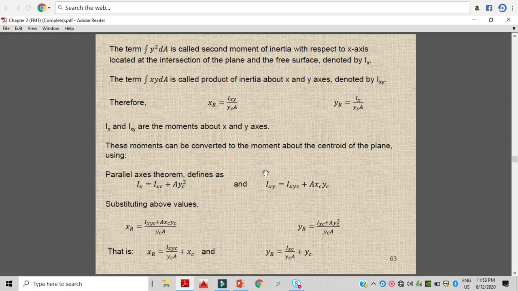So we inserted this value in the previous equation, so it becomes xR is equal to Ixy plus A xc yc divided by yc A, and yR will become Ixc plus A yc square over yc A. So we simplified it, and finally we end up with xR is equal to Ixyc over yc A plus xc, and yR is equal to Ixc over yc A plus yc.